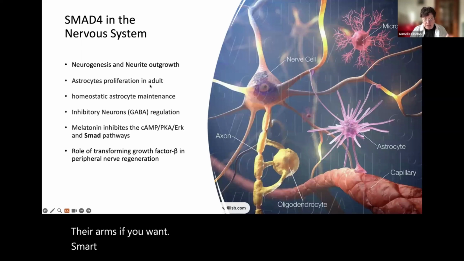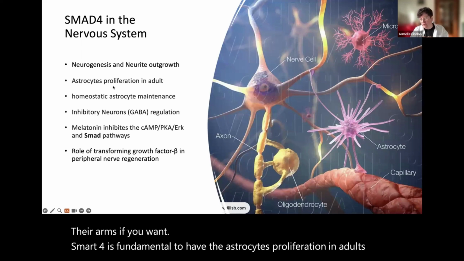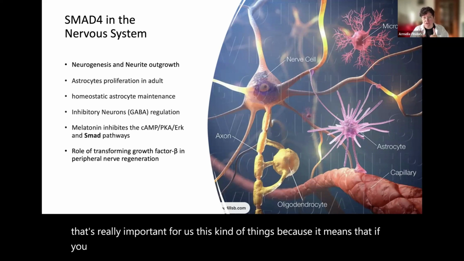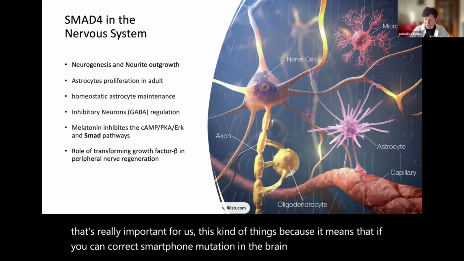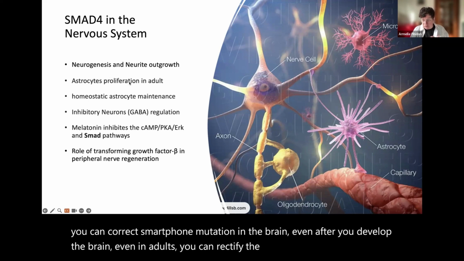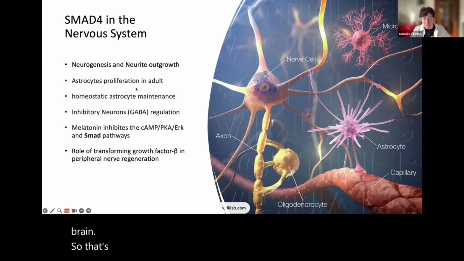SMAD4 is fundamental for astrocyte proliferation in adults. That's really important for us, because it means that if you can correct a SMAD4 mutation in the brain, even after the brain has developed, even in adults, you can rectify the astrocyte proliferation in the brain. So that's a good thing for us.